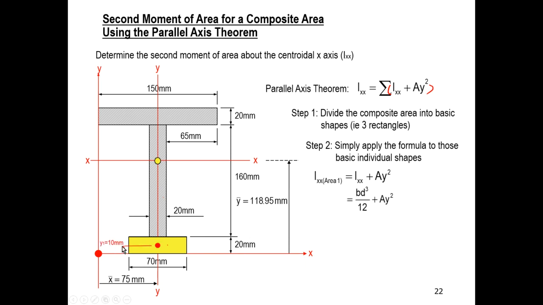That has a centroid of the primitive shape at 10 millimeter, and that makes the distance between the centroid of the first shape and that of the entire compound shape 108.95, right? Sorry, 118.95 minus 10, yeah.